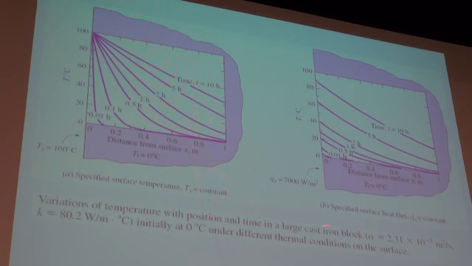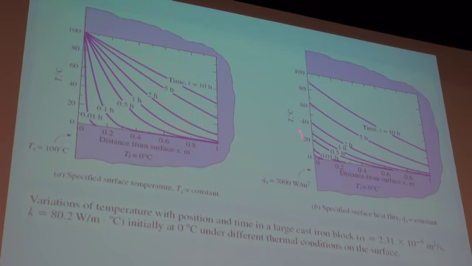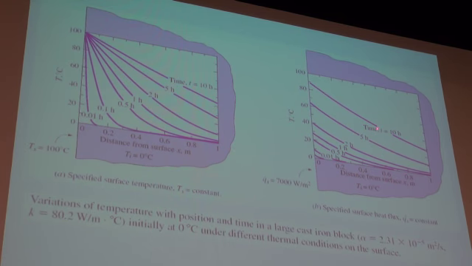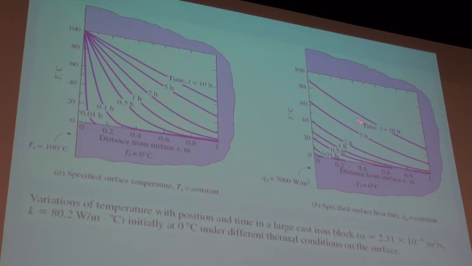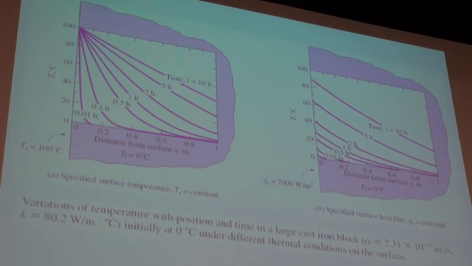This is a solution now for the second case, where we've got a constant heat flux. The heat flux is 7 kilowatts per square meter on the surface. So the temperature is not constant, it's the heat flux that we put in that is constant. And again, it gives us the temperatures as a function of time. So we can see after 10 hours at a depth of about 600 millimeters, the temperature would be 40 to 50 degrees Celsius in that block.